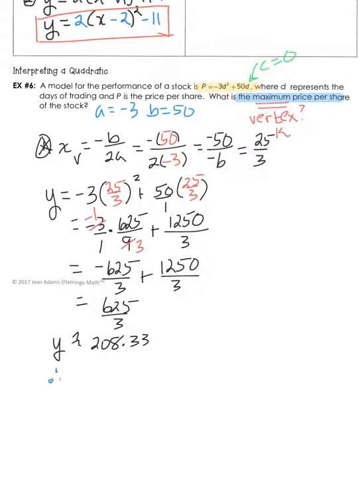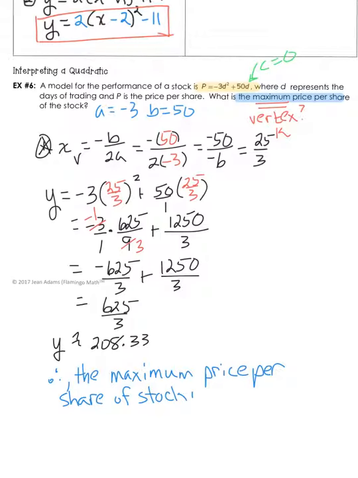So therefore, the maximum price per share of stock is about $208.33.